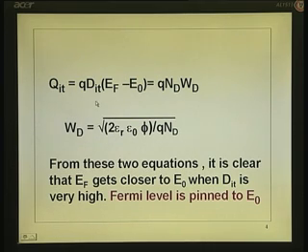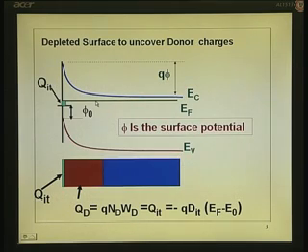What is the maximum value of phi that you can get? Go back to that diagram. What is the maximum value of phi that you can get? D_IT tending to infinity. Okay, you can see, when D_IT tends to infinity, E_F gets pinned onto E_0.